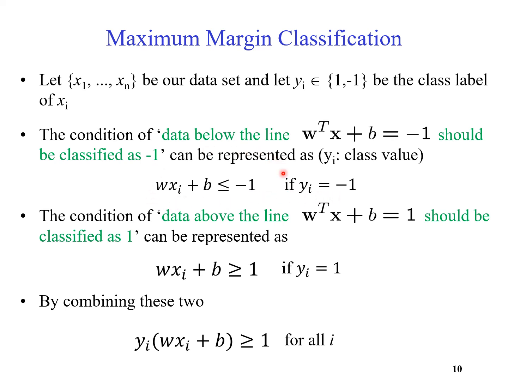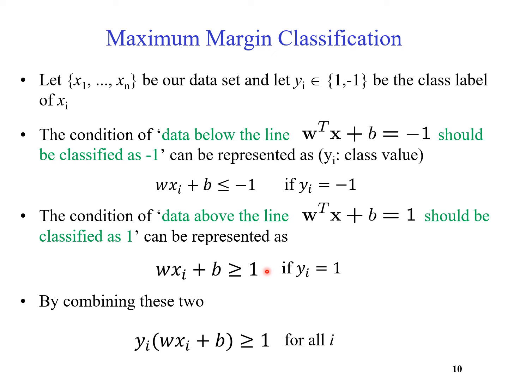If data is below this line, its class value is -1. And if data is above this line, then its class value should be 1. So we have two formal conditions to satisfy.